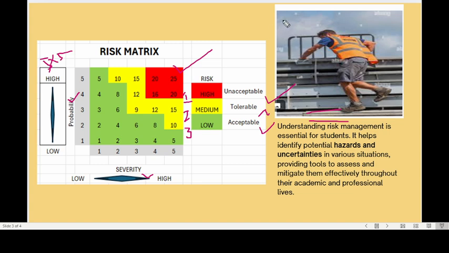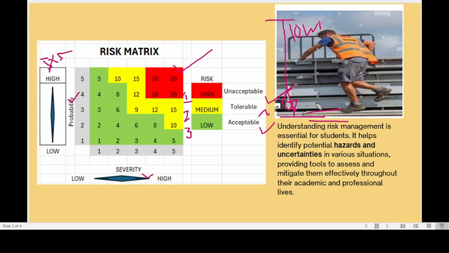In this situation, I'm writing here 10 meters. Suppose this is the ground level, and from the ground level he is standing at a 10-meter height. The likelihood of the worker falling is very high because there are no fall protection measures in place.